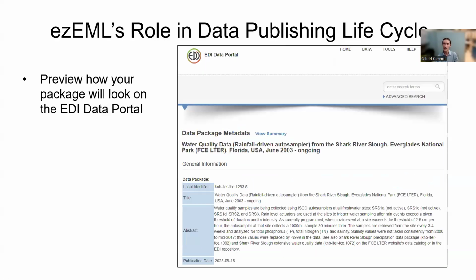This is just an example of how that might look, the very top portion of it. There's a lot more metadata that you'll be able to go through and review in this preview. Everything from that abstract all the way down to the methods, the data table metadata, the keywords, and everything else that you've entered through EasyEML.